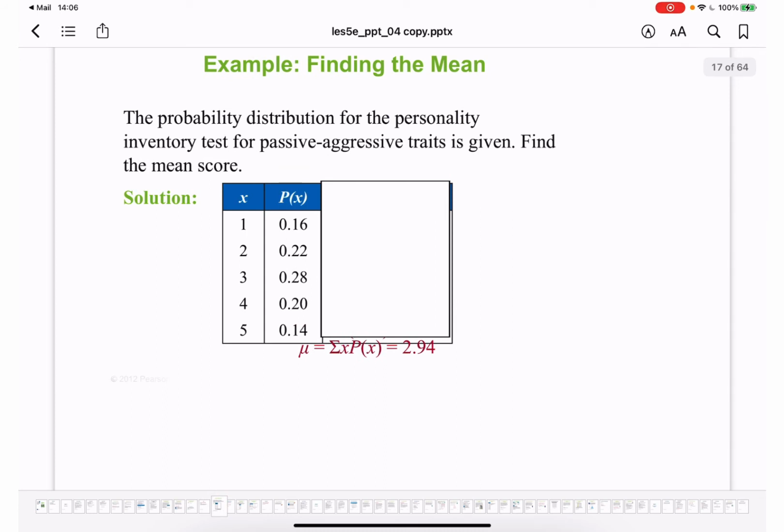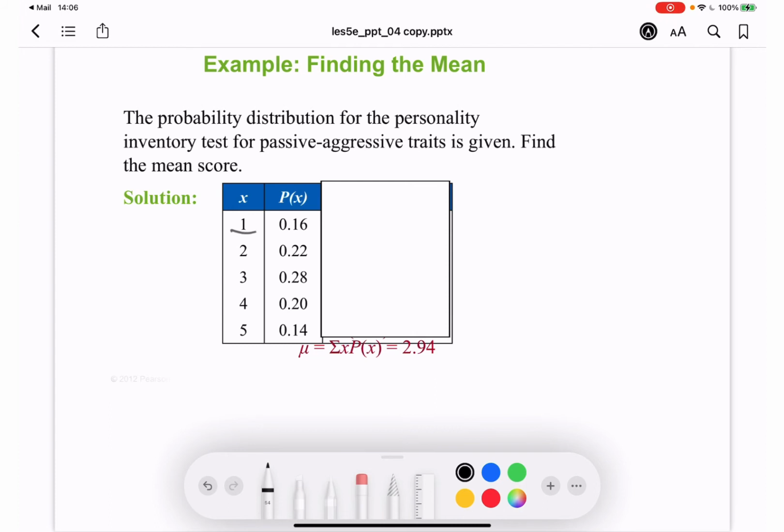All right. Next. Finding the mean. So here we have an example. This is our x, this is the probability: score, probability, score, probability.